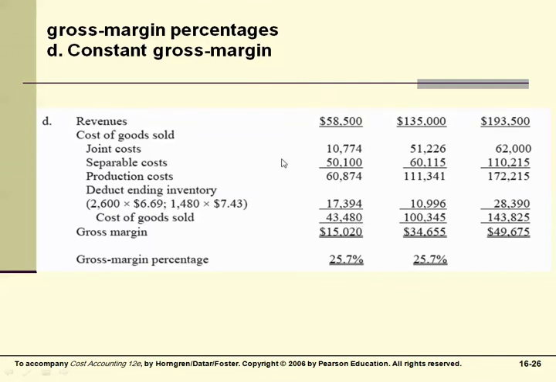Total revenues minus cost of goods sold will result in gross margin of 15,020. Gross margin 15,020 divided by total revenues 58,500 will result in 25.7%.